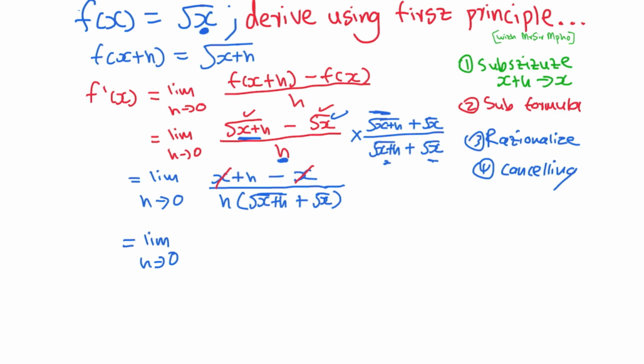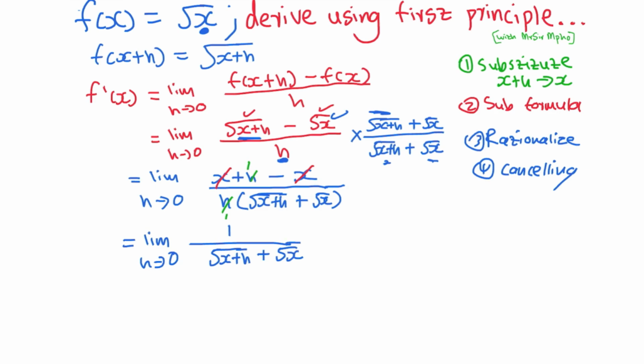Now you are left with h at the top. That h at the top, obviously we cancel it with the h in the denominator because they go once into each other. It's division now. They're not giving you 0, they're giving you 1 when you divide. So in your numerator, you'll be left with 1. So I will have 1 over the square root of x plus h plus the square root of x.